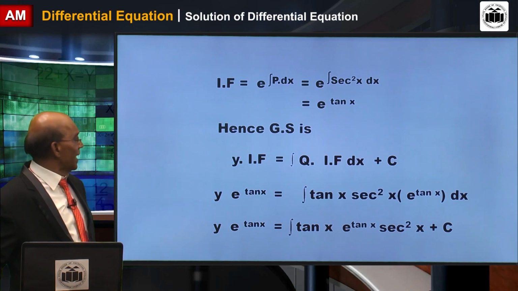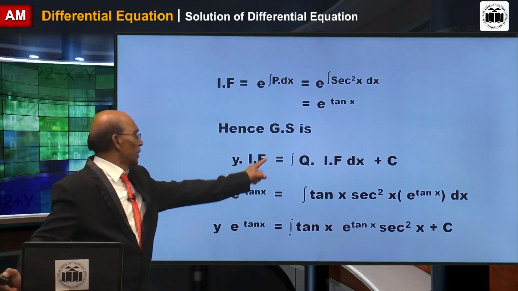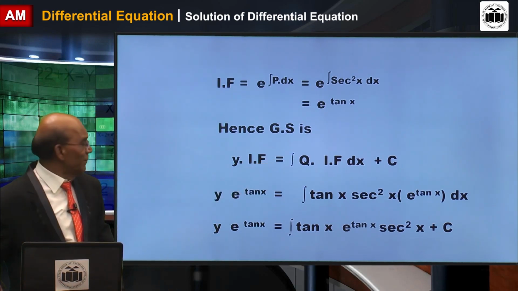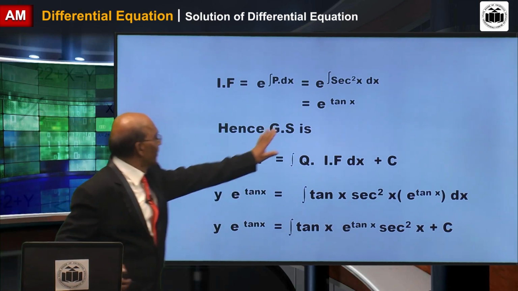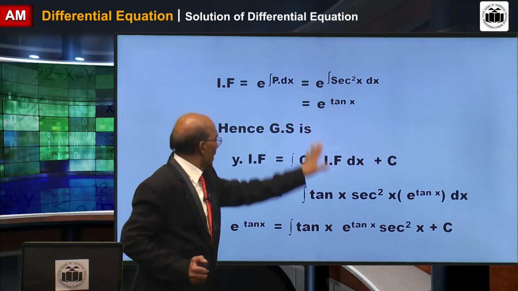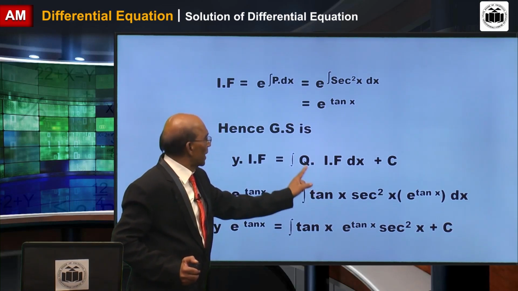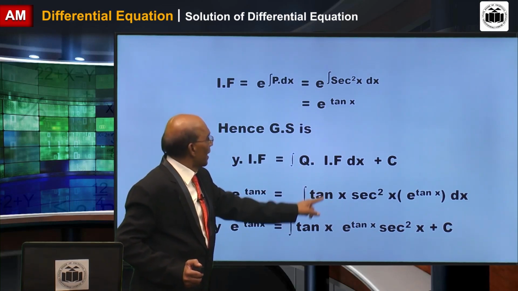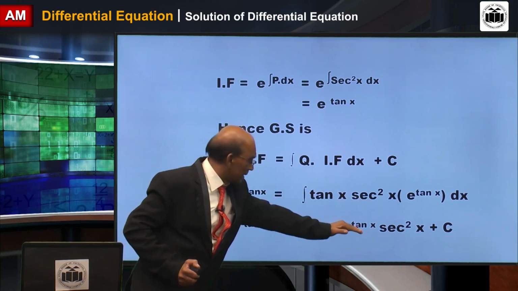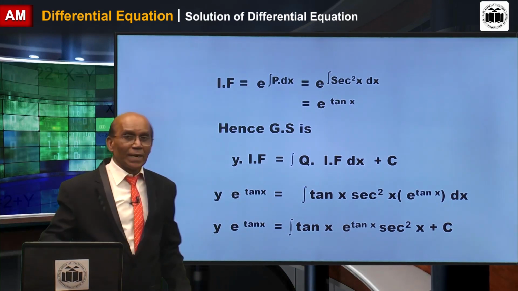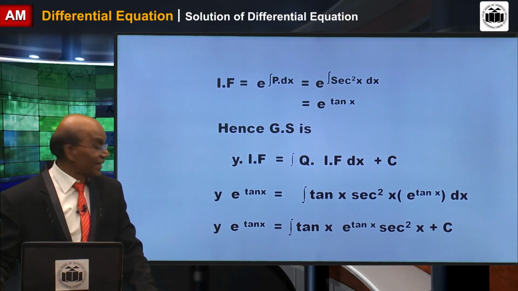Hence the general solution is y into IF equals integral of q into IF dx plus c. We put the integrating factor given here, then integral of tan x, where the value of q is given previously, times e raised to tan x, and we rearrange that term in a similar way so that in future we can apply some method here also.